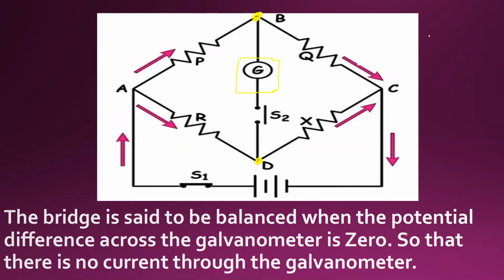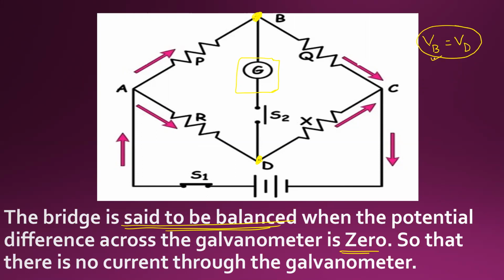So this bridge is said to be balanced when the potential difference across the galvanometer is 0, which means the potential at B must be equal to the potential at D.